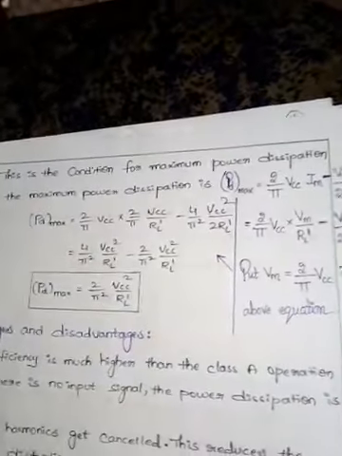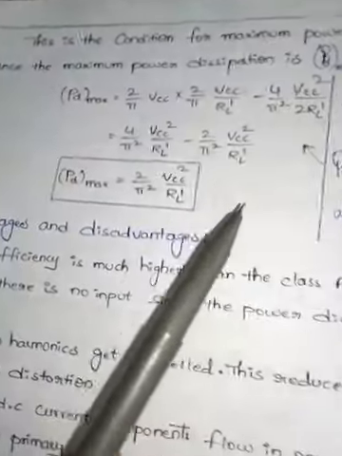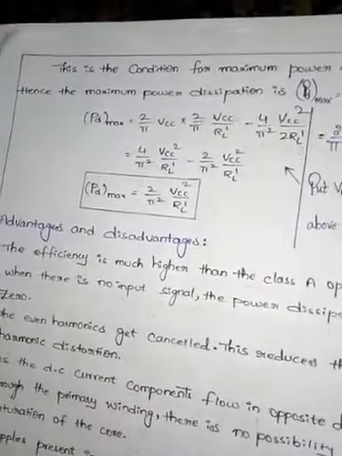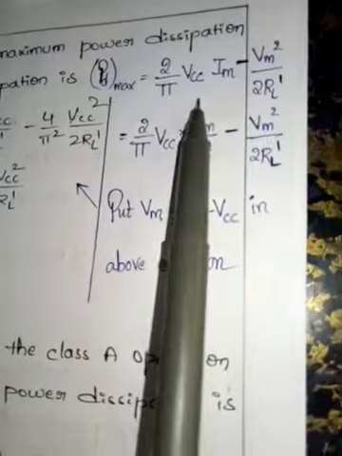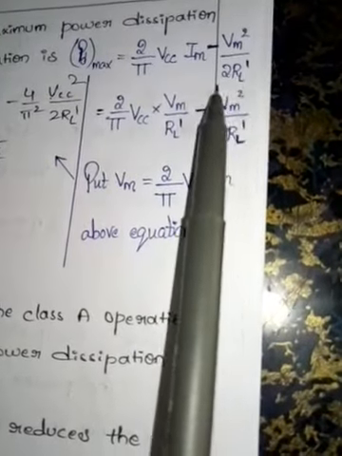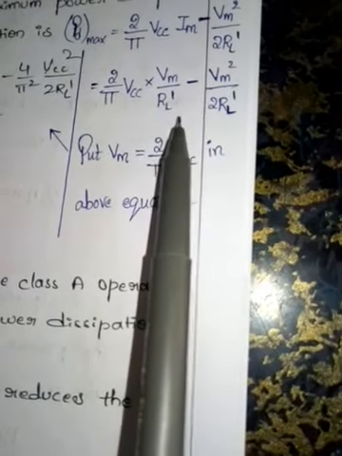Now we need to calculate the condition for maximum power dissipation. Hence we have the expression PD max equals 2 by pi VCC into Im minus Vm square by 2 RL dash, right? But we have the expression Im equals Vm by RL dash.